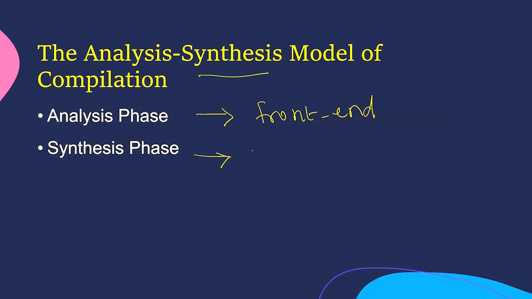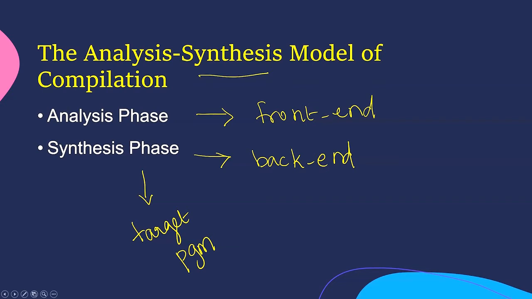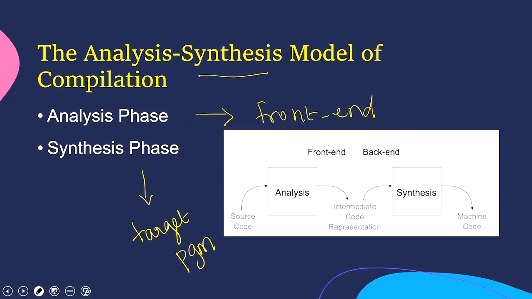Synthesis phase is known as back end of the compiler. The synthesis phase generates the target program with the help of intermediate source code representation and symbol table that is generated as an output from the analysis phase. This is the block diagram representing the structure of the compiler. So the front end is analysis part and the back end is synthesis part.